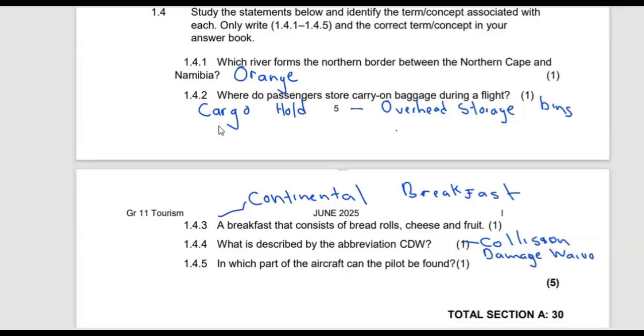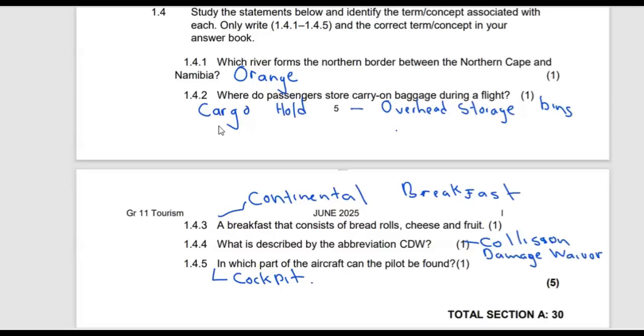Then in which part of the aircraft can the pilot be found? The pilot is found in the cockpit. The pilot operates from the cockpit. Which brings us to the end of the first question.